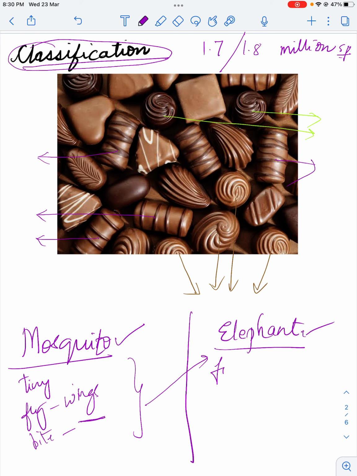It has four limbs, right? It has a trunk, then tusks, or those long curved teeth. It has a small tail. Obviously it is quite a large animal, as opposed to a mosquito.